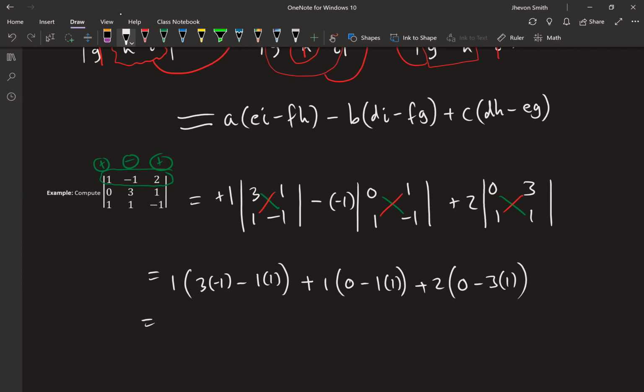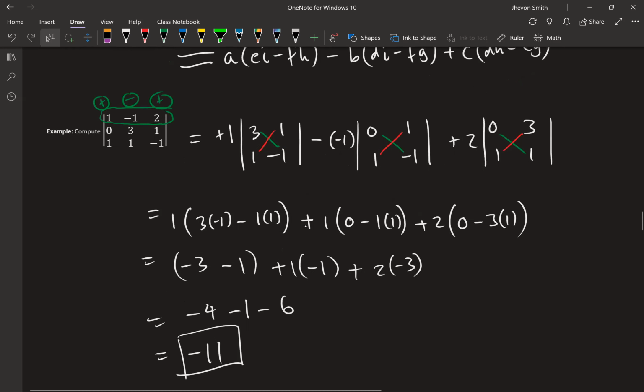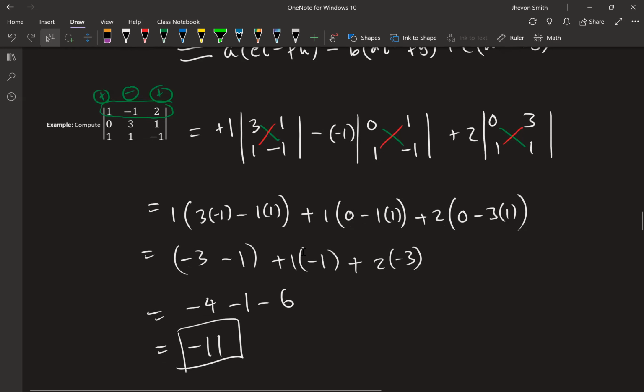So this is going to be -3 minus 1 plus -1 plus 2 times -3. So this is going to be -4 minus 1 minus 6, which is -11. And that would be the determinant.